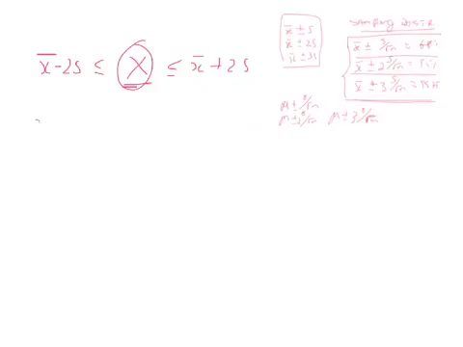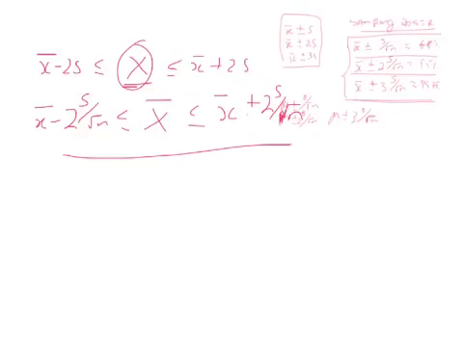But if I did it this way, x bar minus 2s over root n, and x bar plus 2s over root n, then the variable that is supposed to be in that interval is x bar, the sample means. So this interval will have 95% of sample means, but this interval here would have approximately 95% of population values, individual values, not means, but individual values.